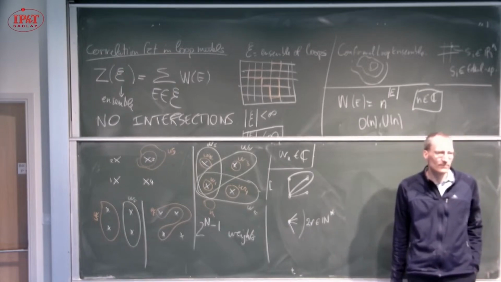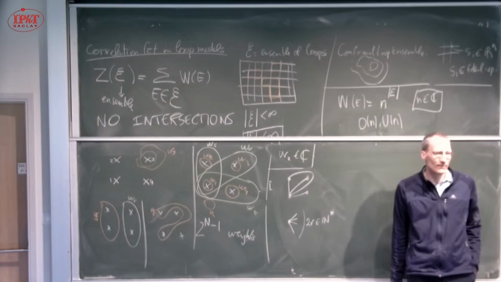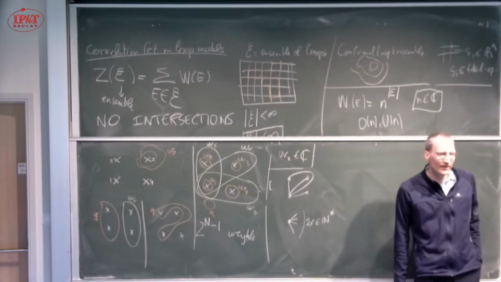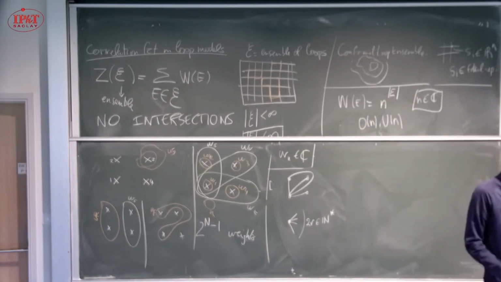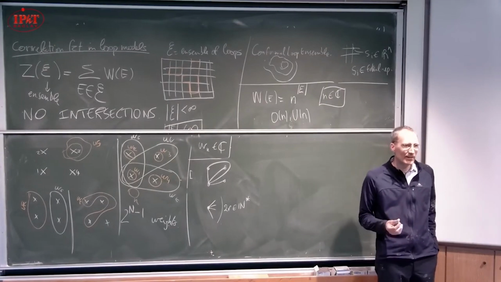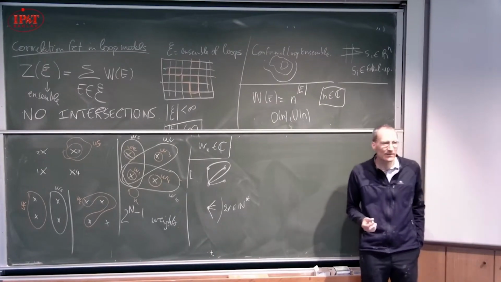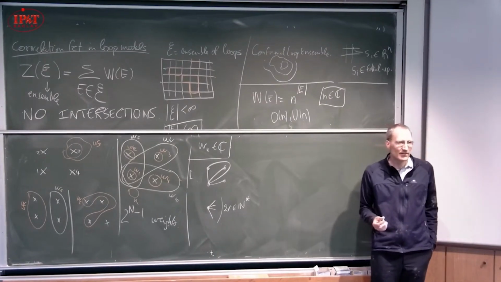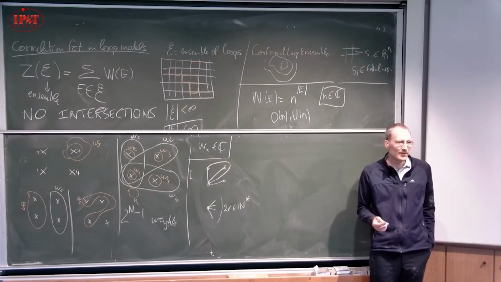Do you still have that the correlation length becomes infinite, but then you cannot have a CFT? I think the answer depends on the specifics now. But what happens if you allow intersections, it becomes much more complicated, and it's much less well known, I think. And on the lattice, it's difficult to actually simulate it even.